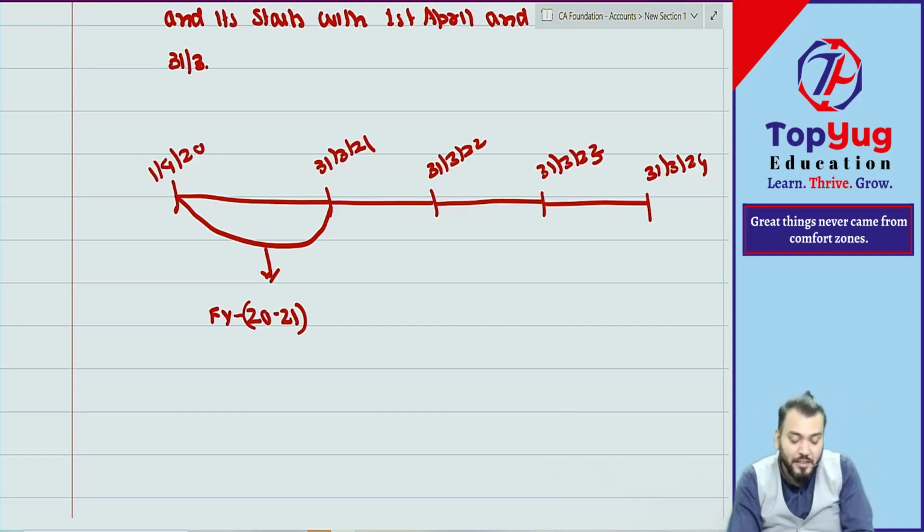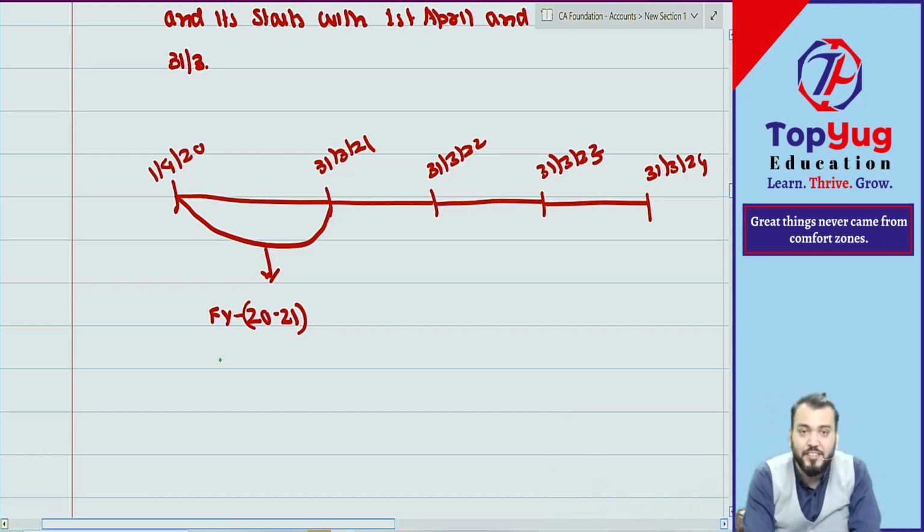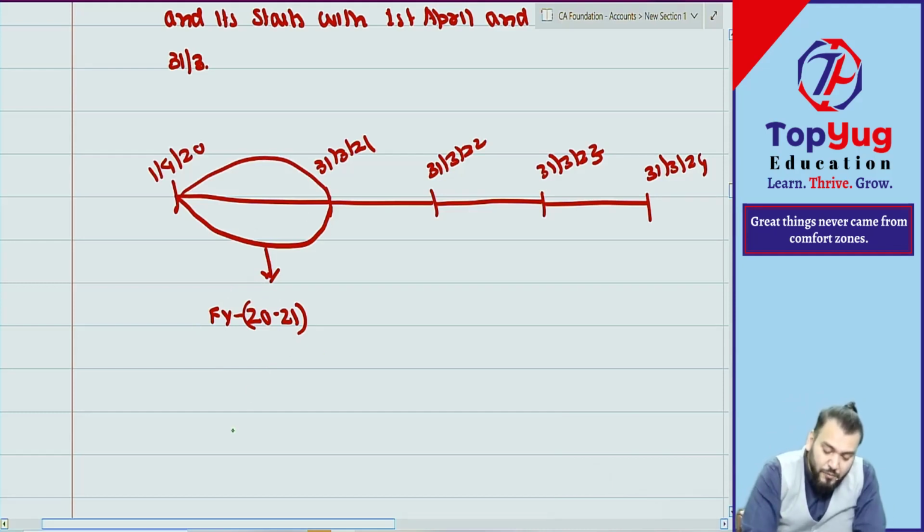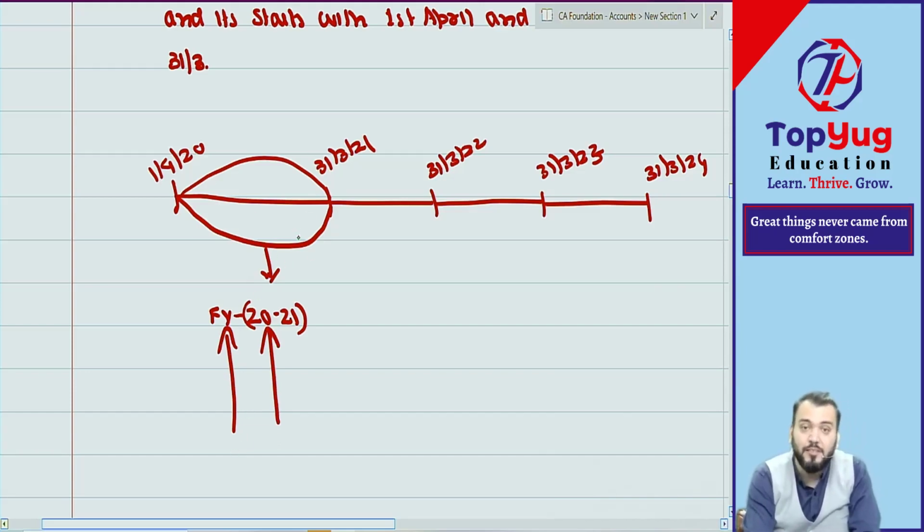Correct. And if I am preparing the financial statement for 2021, for this accounting period we should record income and expense of this period. We should record income of this period in this accounting period. We should record expense of this accounting period in this financial year only. We should record asset and liability of this financial year in this financial year only.